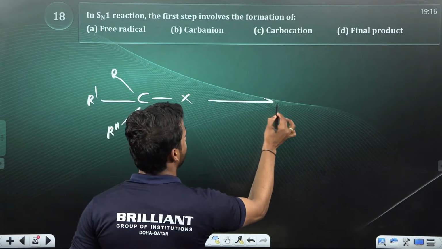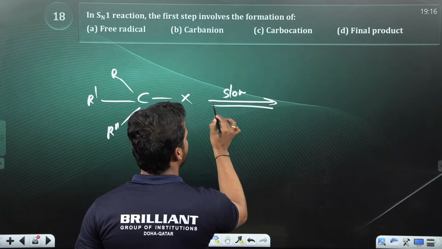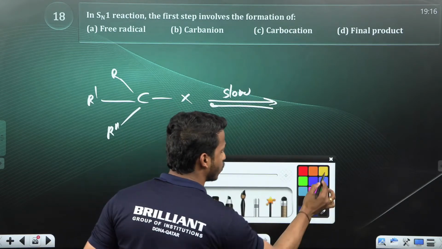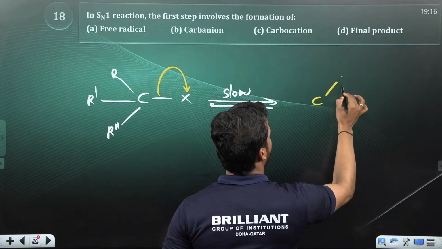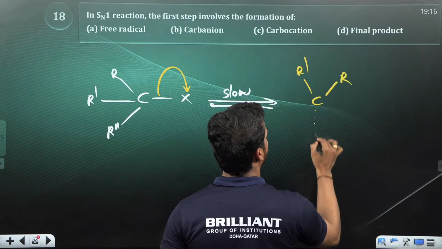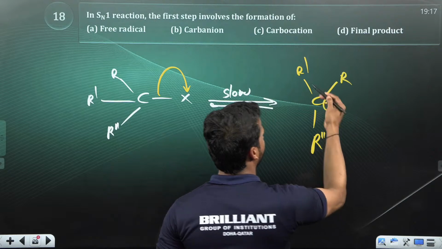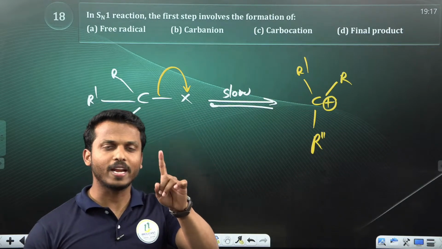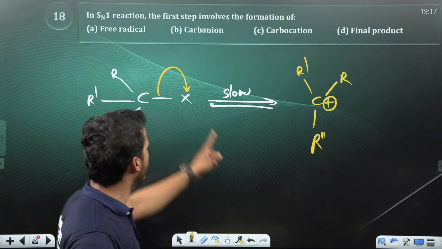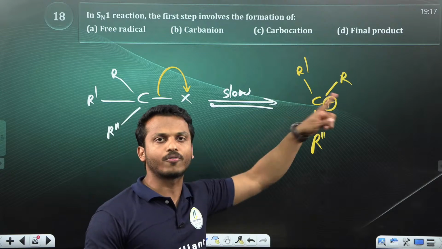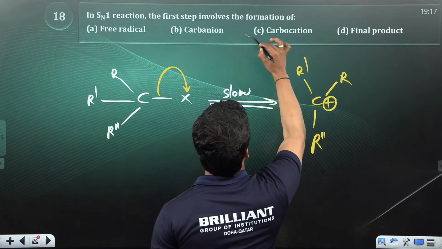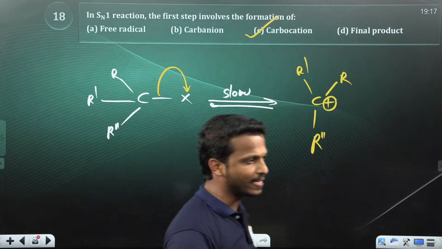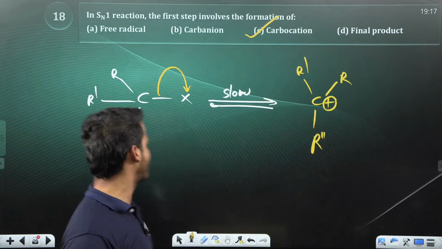You know, in first step, the slow step in SN1 mechanism is what? First step, removal of halogen and formation of what? Carbocation, right? Removal of halogen and making of carbocation. Carbocation is the formation. Yes, that is option C is the correct answer.